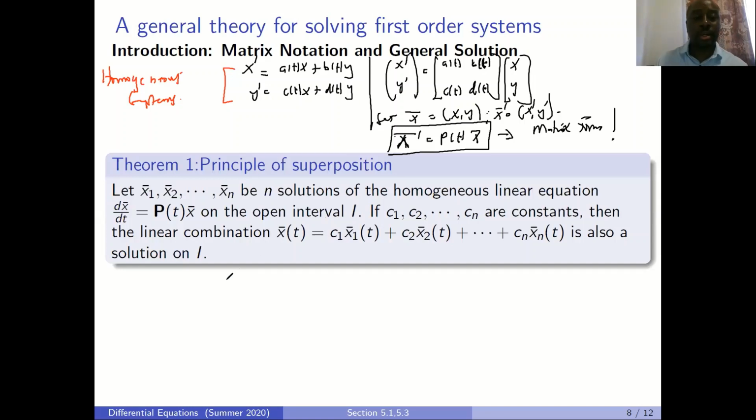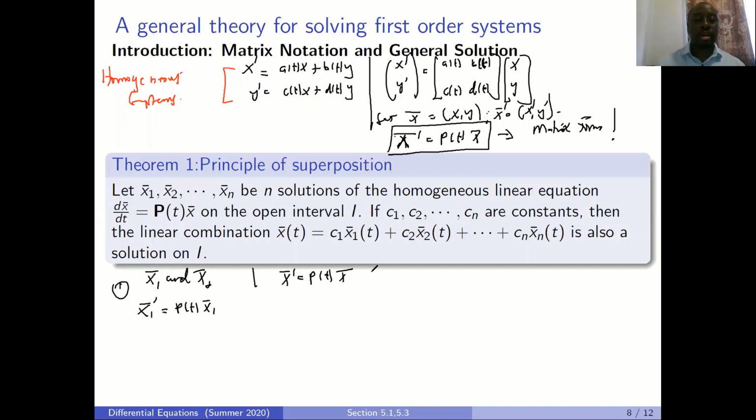We can just take a very simple system of two unknowns. Let x1 bar and x2 bar be two solutions of the homogeneous system x bar prime equals P of t times x bar. If these are both solutions, then it means that x bar 1 prime is P of t times x bar 1.